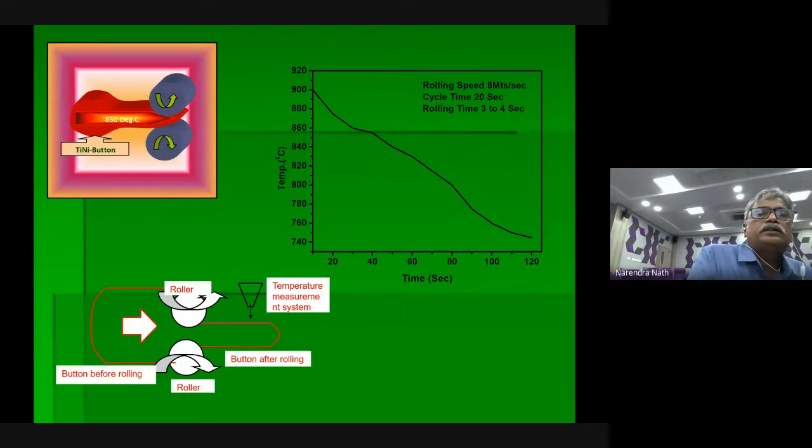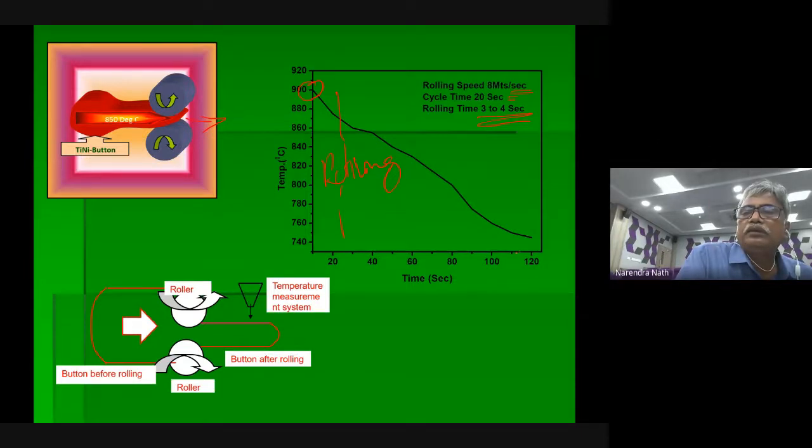I simply drew one figure for better understanding of how the rollers are there, how it is coming like this, how the 900-degree temperature is there, and the time taken. This is our rolling time, because the rolling speed is 8 meters per second. Cycle time is 20 seconds only, rolling time is 3 to 4 seconds.